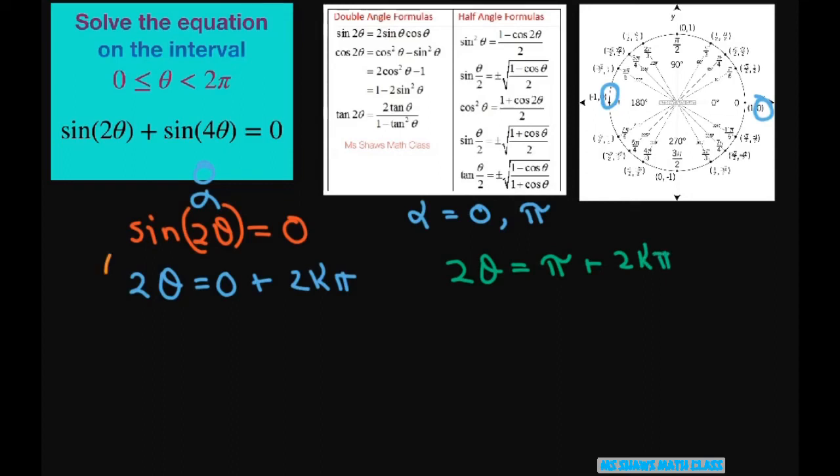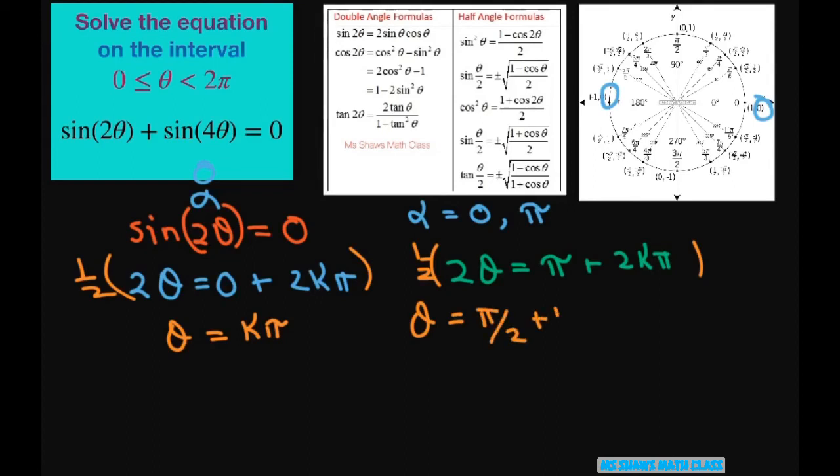Again, we're going to multiply everything through by 1/2, or you could just say divide by 2, and that's going to give you theta equals, we don't need the 0, just k pi. And for this one, we get theta equals pi divided by 2 plus k pi.